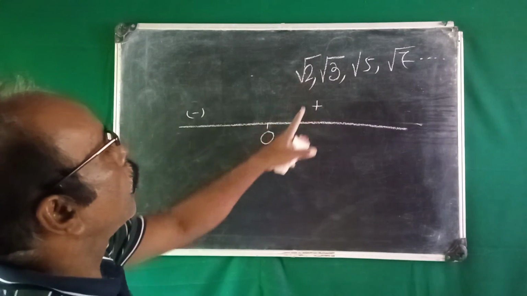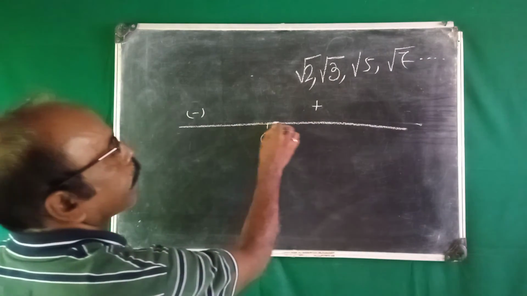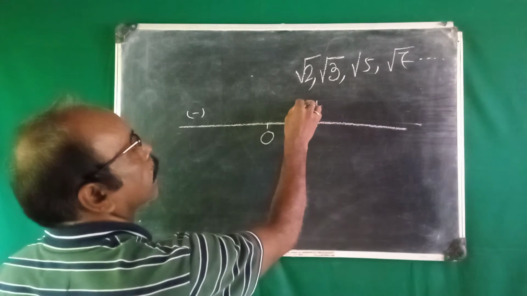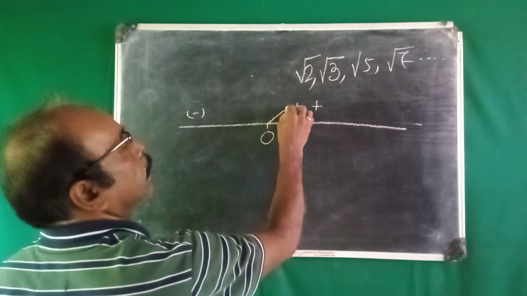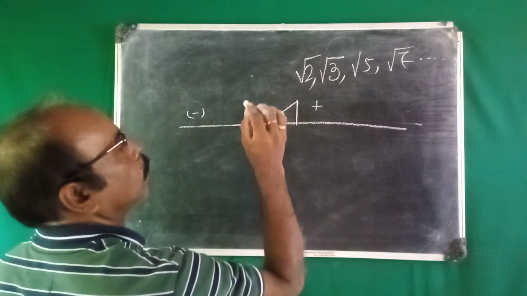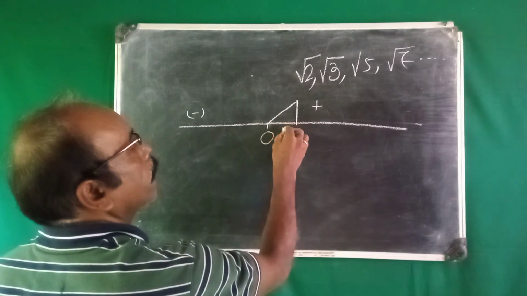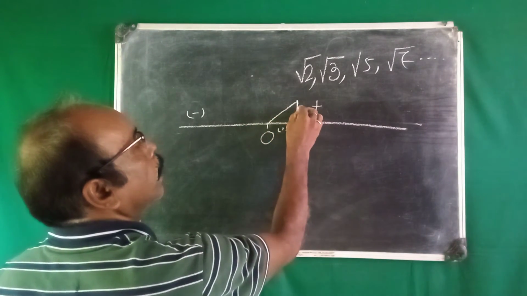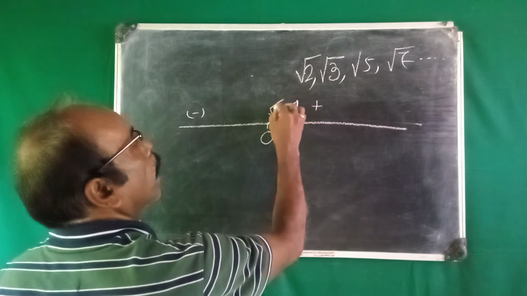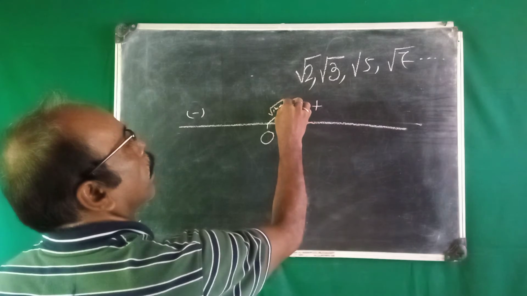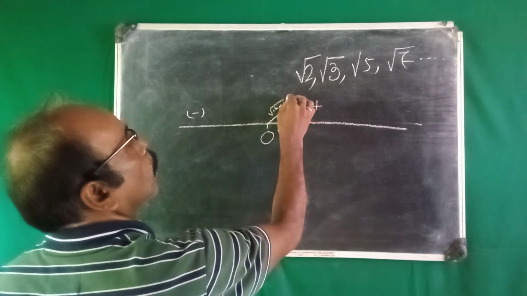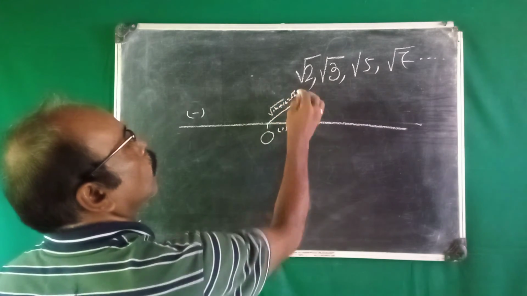Root 2 means we take 1 unit base and 1 unit height, and we connect them as a hypotenuse. This is 1 unit, this is also 1 unit. This will be root over 1 square plus 1 square, which is equal to root 2.